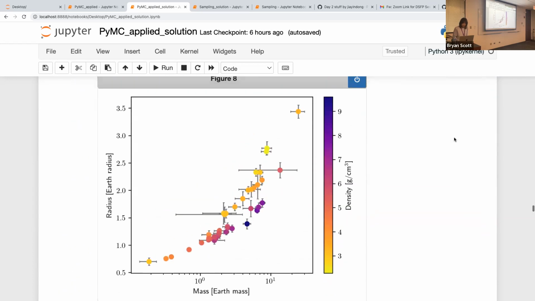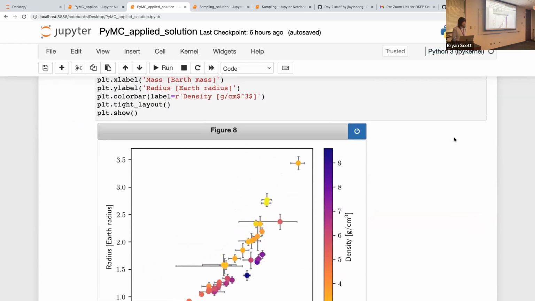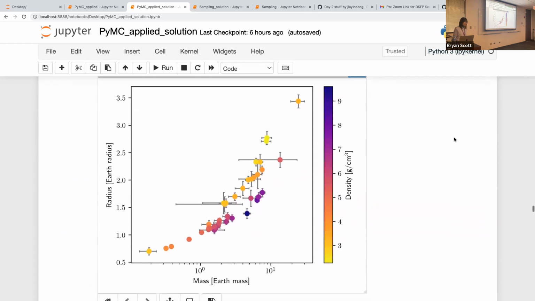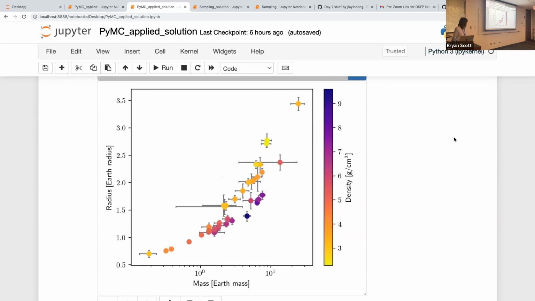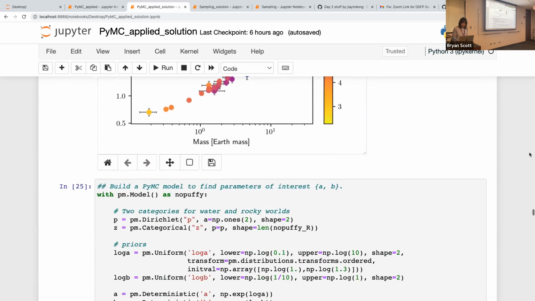And then, for both rocky and water planets, you can clearly see two populations. The darker colors are the rocky ones, planets with composition similar to the Earth, and the orangish ones are water worlds, like 50% Earth plus 50% water.